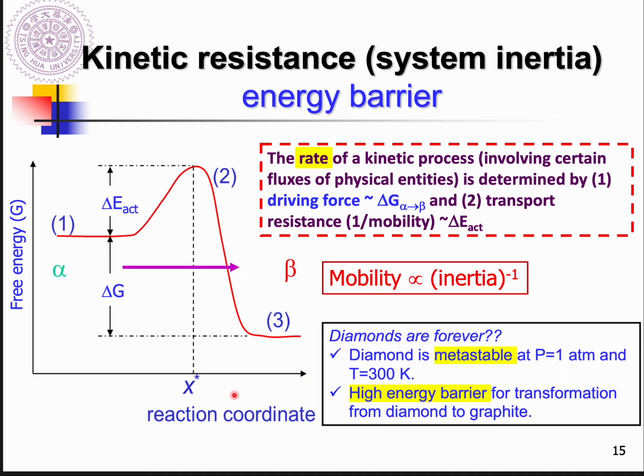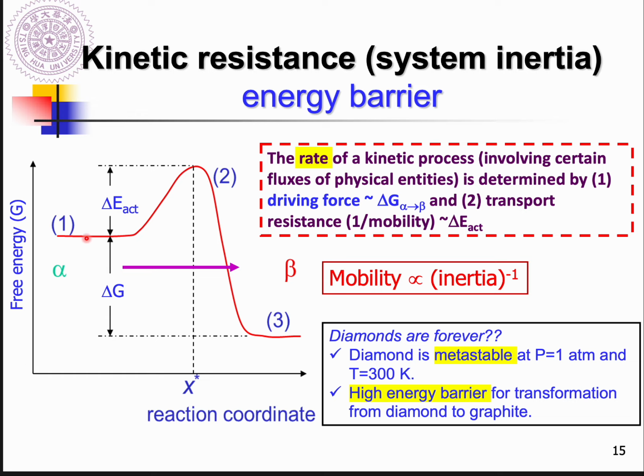So the point would be that thermodynamics only tells you the direction of chemical reactions, but it doesn't tell you the rate of these chemical reactions.